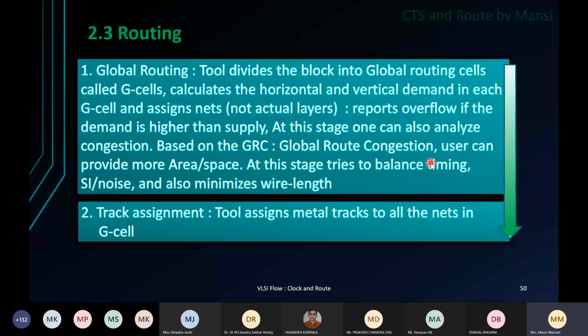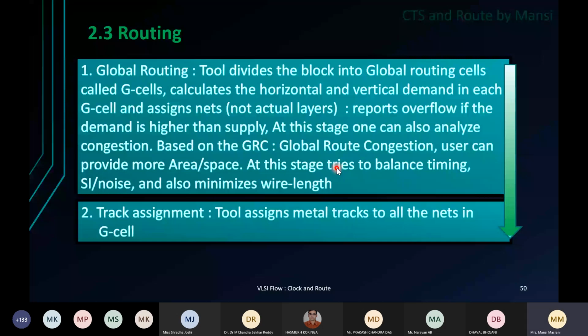Now it also tries to balance the timing, noise, SI. It also tries to minimize the wire length. All this is a part of global routing. Once it is all done, the actual routing has not happened yet. It is just an estimation. Now what happens is, the tool goes ahead and asks the metal tracks to assign all the nets.